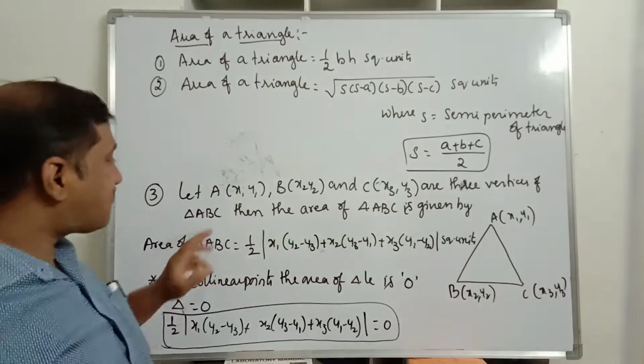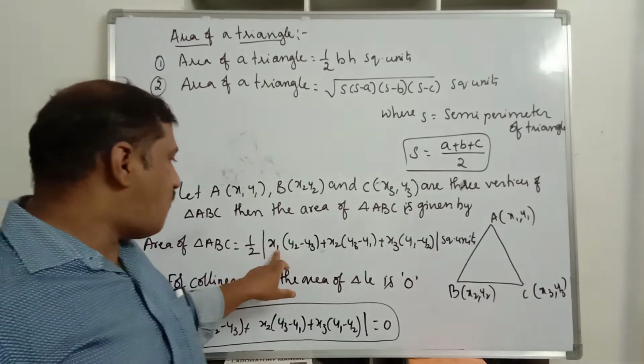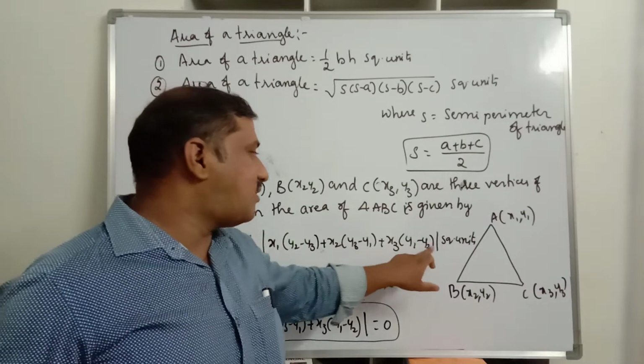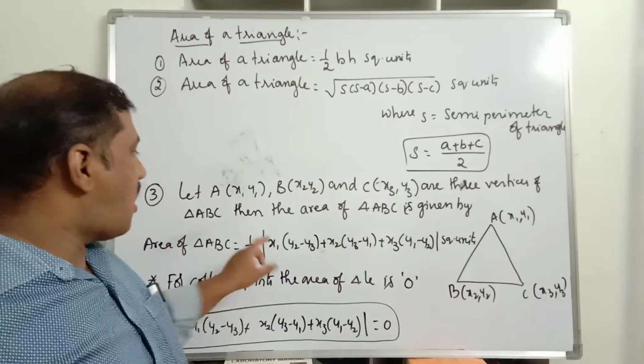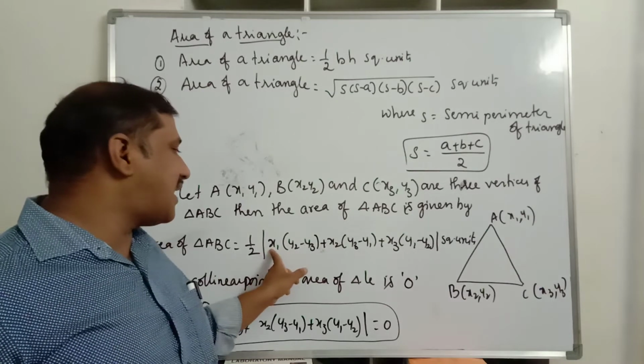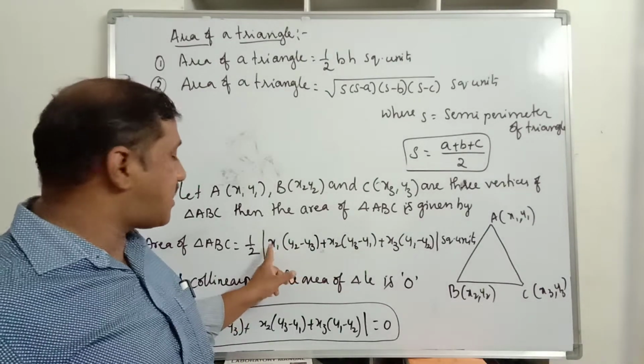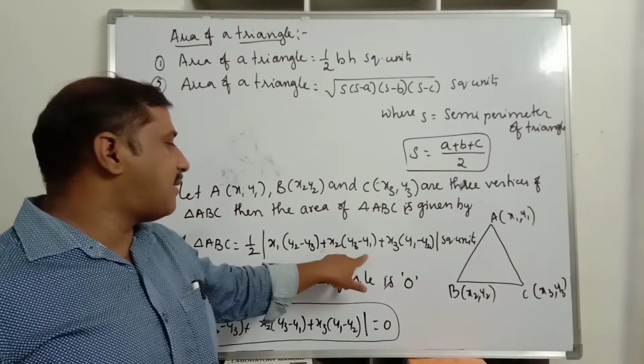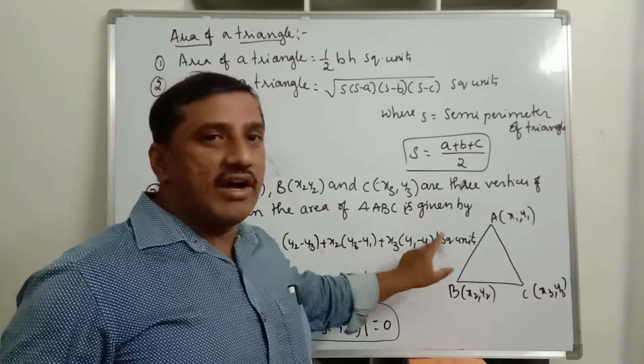You see here x1, and the order 1 2 3, 2 3 1, 3 1 2. Always the x coordinates are outside the bracket: x1 into (y2 minus y3), x2 into (y3 minus y1), x3 into (y1 minus y2).